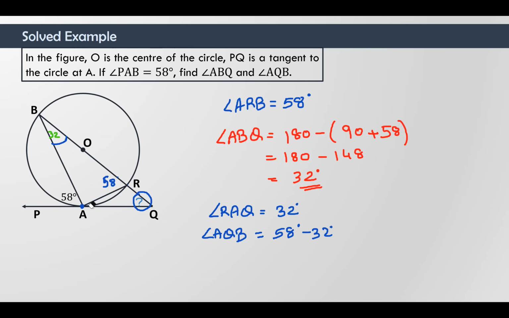If we see this small triangle AQR, then 58-degree angle is the exterior angle for the triangle, which is equal to the sum of opposite interior angles, the sum of these two angles. From this, we know this is 32 degrees, so we can find the other angle by 58 degrees minus 32 degrees, and that is 26 degrees. So our second answer, angle AQB, is 26 degrees.